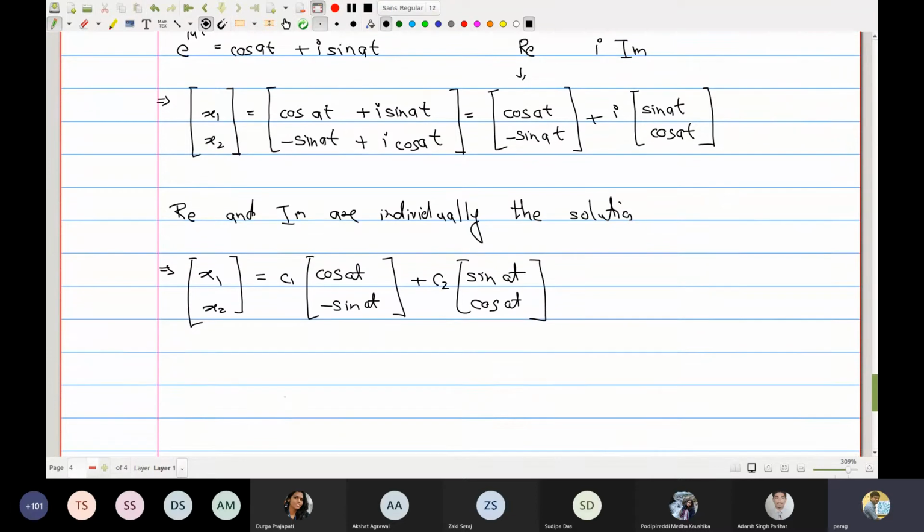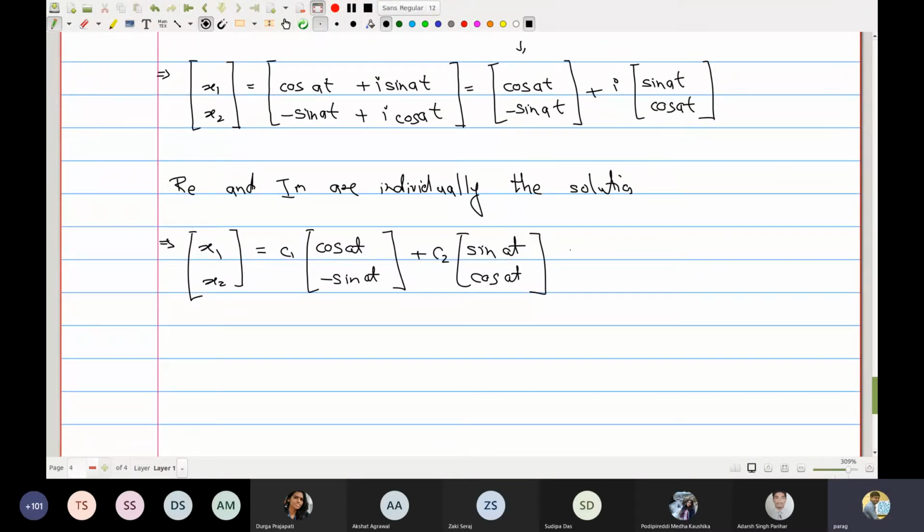Or I can further write this as c1 cos 80 plus c2 sine 80, and minus c1 sine 80 plus c2 cos 80. Okay, this is the solution.